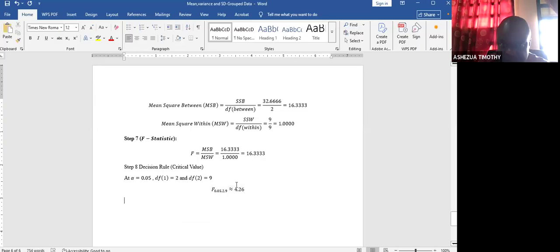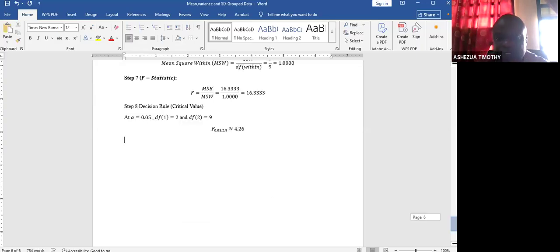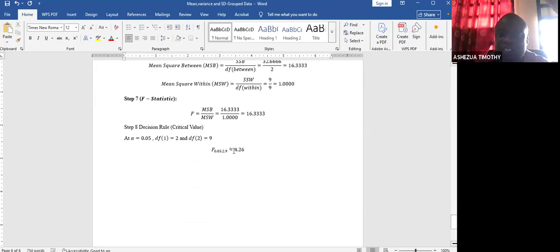This is the conclusion. Since the tabulated value is less than the calculated value, we conclude that there is no significant difference in the means of the teaching methods. Had the tabulated value been greater than the calculated value, we would reject the null hypothesis and accept the alternative hypothesis, stressing that there's a significant difference between the means of the teaching methods.